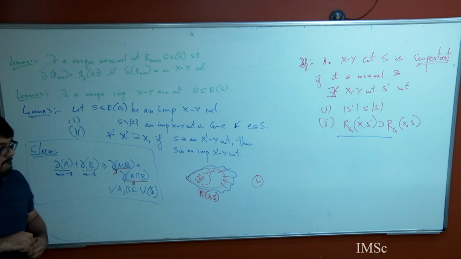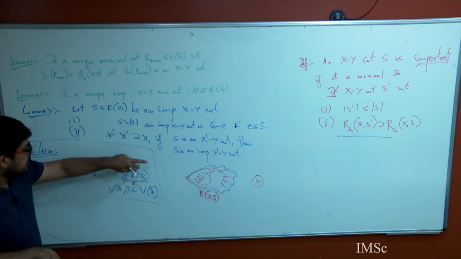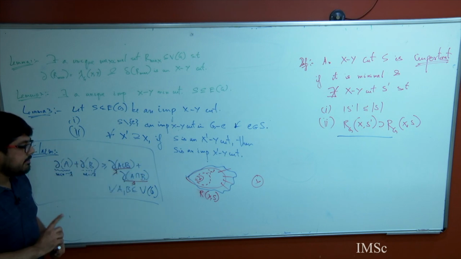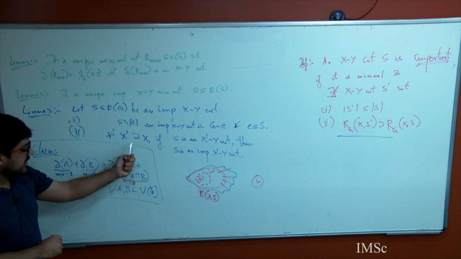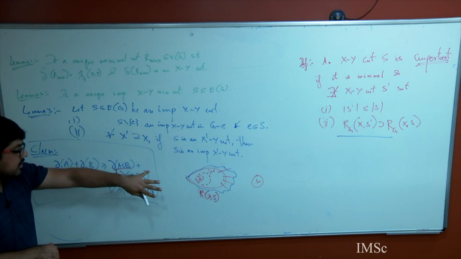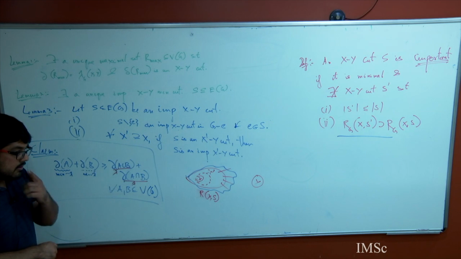If S is a minimal X-Y cut, then... Well, could you say that again? It's a minimal X-Y cut. X-Y cut or X prime-Y? Oh, okay, X prime-Y cut. You're saying you need minimality there, because suppose the particular edge which was in the cut has both of its endpoints already in X prime.